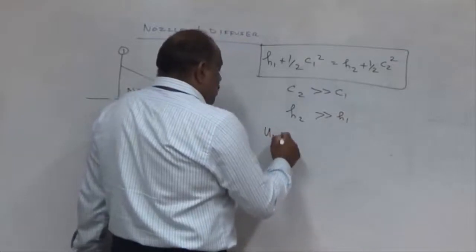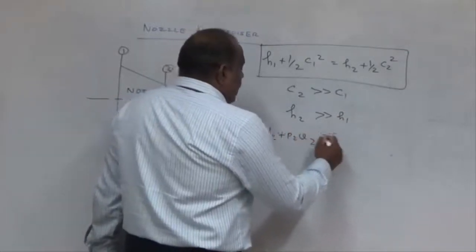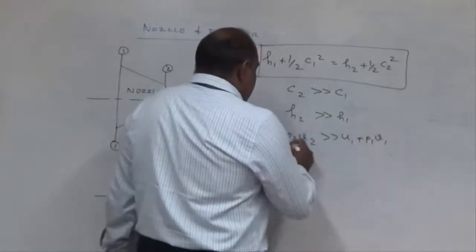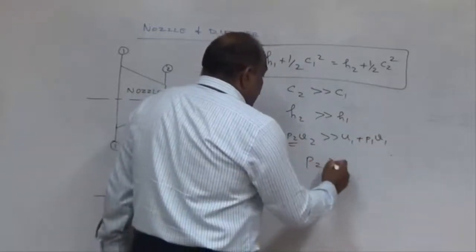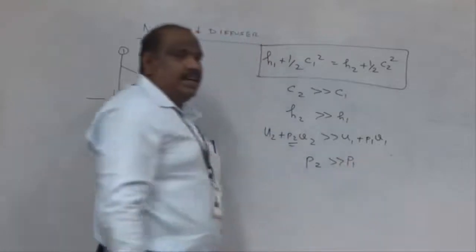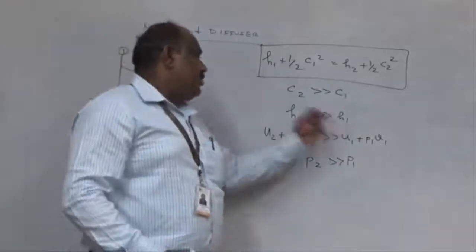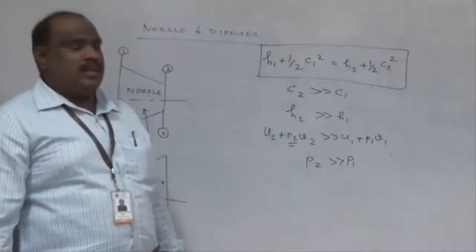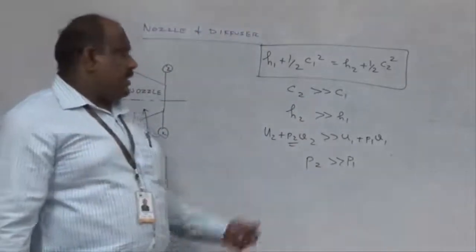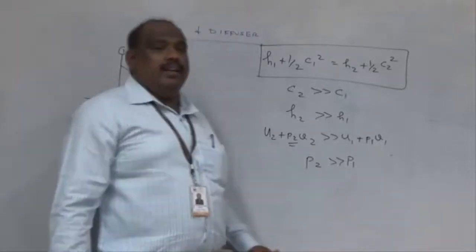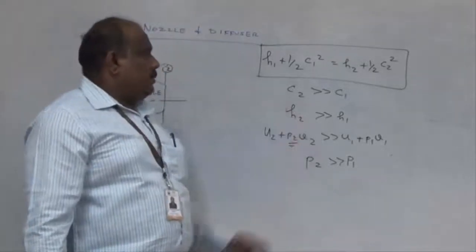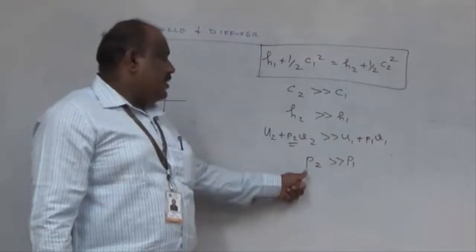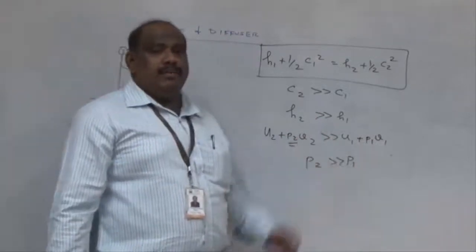H2 is nothing but U2 plus P2V2, which should be greater than U1 plus P1V1. So my primary objective is that P2 should be more than P1. The diffuser is a device which is used to increase the static pressure. So don't feel there is no pressure term. The pressure term is hidden inside the enthalpy term. So the objective of the diffuser is that P2 should be greater than P1.